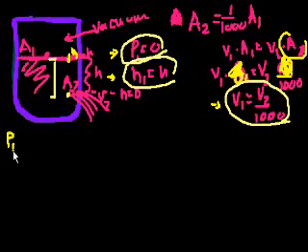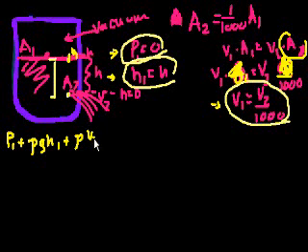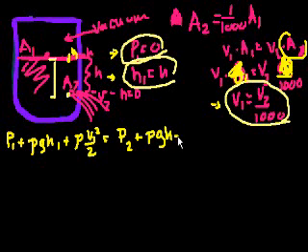It's P1 plus rho G H1 plus rho V1 squared over 2 is equal to pressure 2 plus rho G H2 plus rho V2 squared over 2. We figured out all of these terms, so now let's figure out the things that we have to input here.